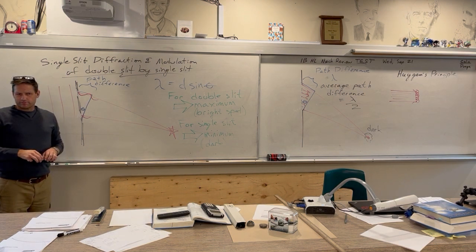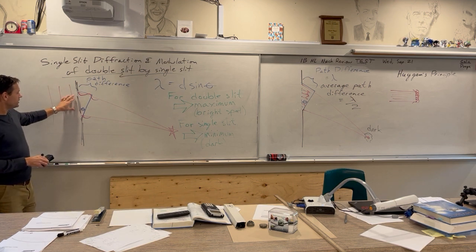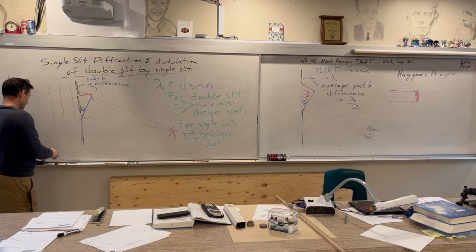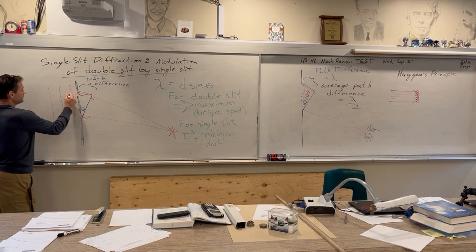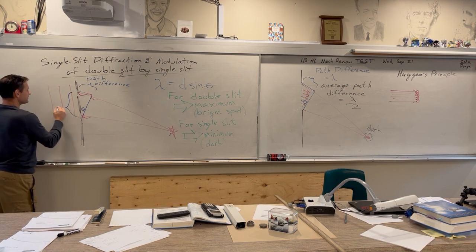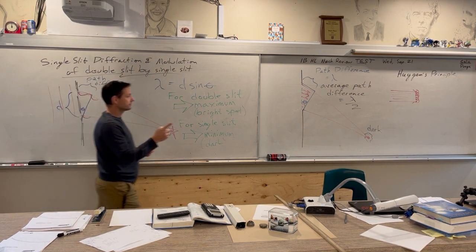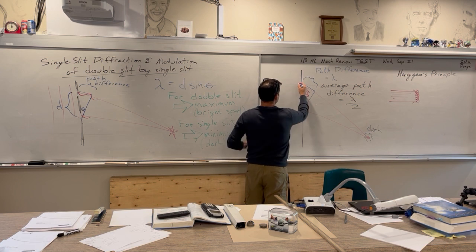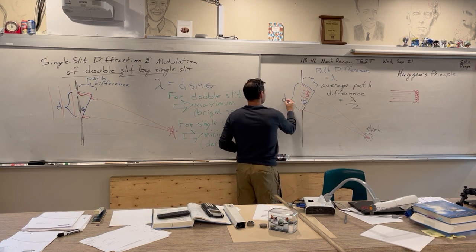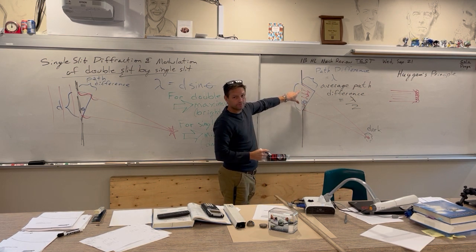Does that make sense so far? So for this situation, D is the width from slit to slit, right? But if you're looking at just one single slit with no barrier between, that D is the width of the slit.